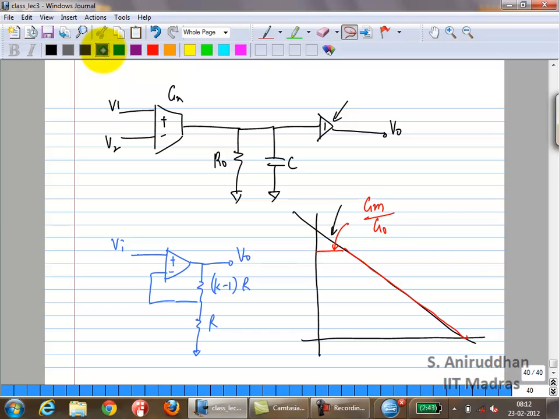Now if I put it into feedback like this, what is the new DC gain? You're going to get RO in parallel with the resistance, right? So the DC gain is going to reduce a lot. So you'll actually get something like this.